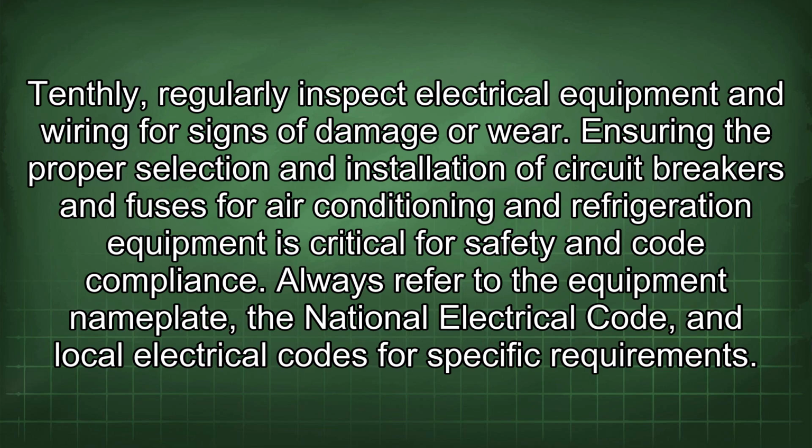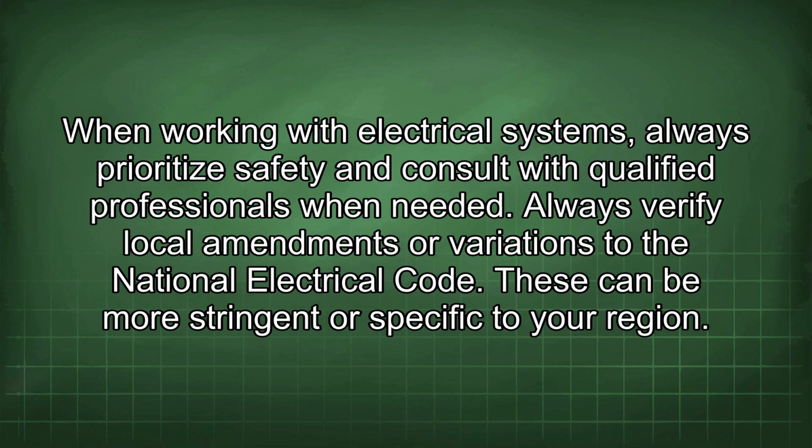Ensuring the proper selection and installation of circuit breakers and fuses for air conditioning and refrigeration equipment is critical for safety and code compliance. Always refer to the equipment nameplate, the National Electrical Code, and local electrical codes for specific requirements. When working with electrical systems, always prioritize safety and consult with qualified professionals when needed.